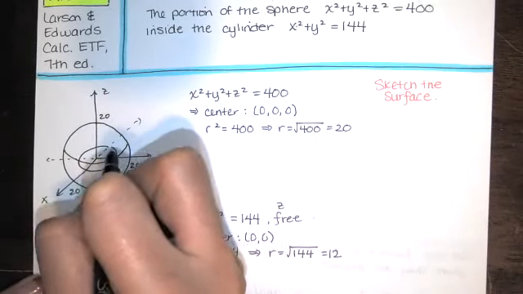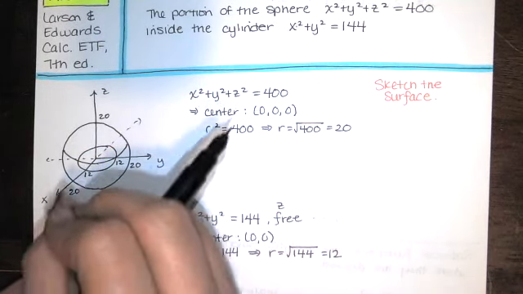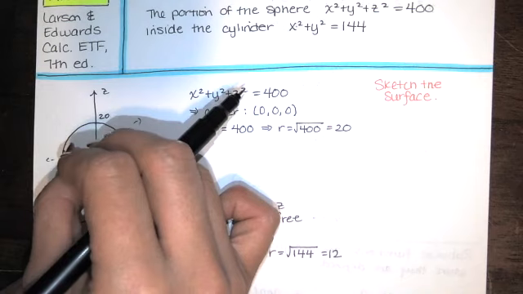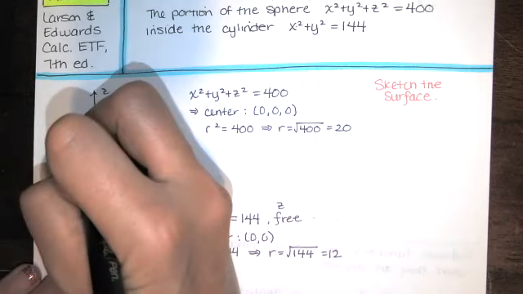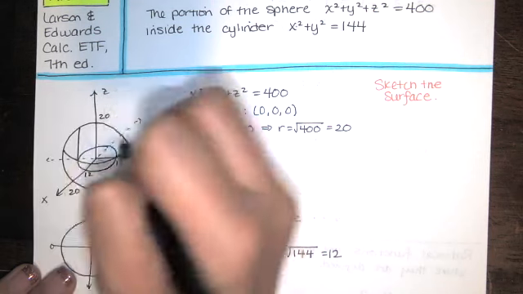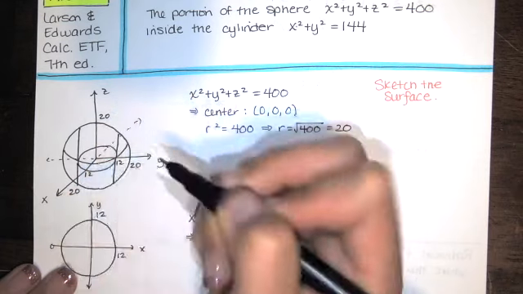Try to draw it like that. We're going to see the same circle when z equals 1 and z equals 2 and z equals 3 and z equals 20. It would just keep going. So that cylinder will intersect the sphere at the bottom and at the top.